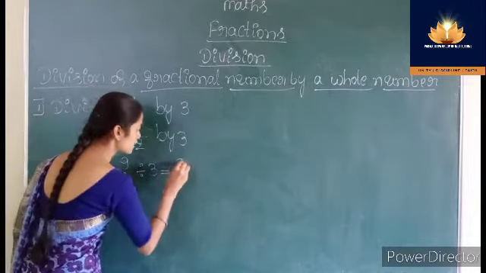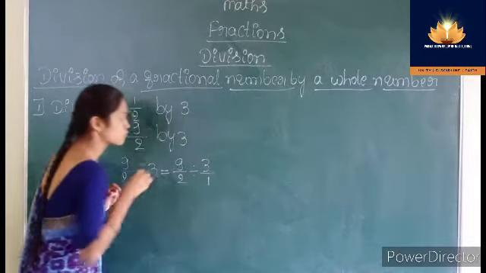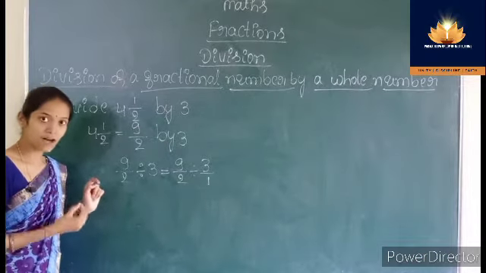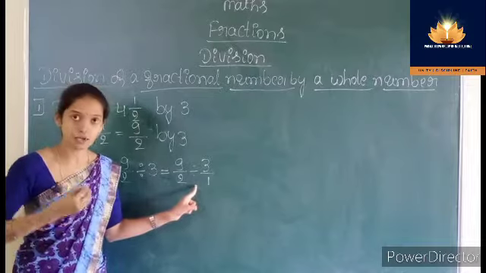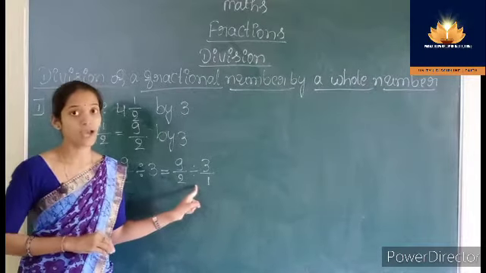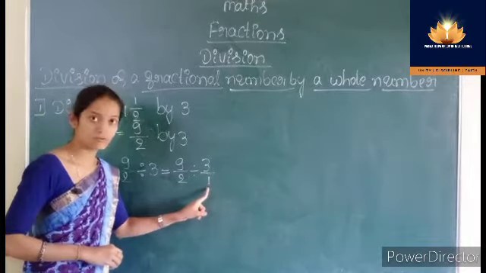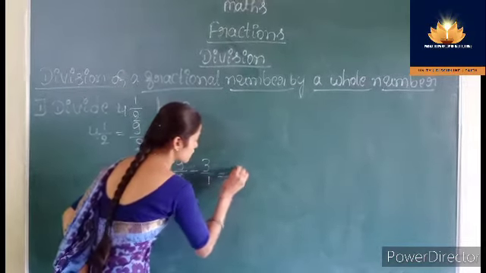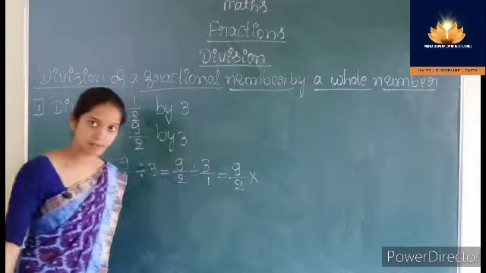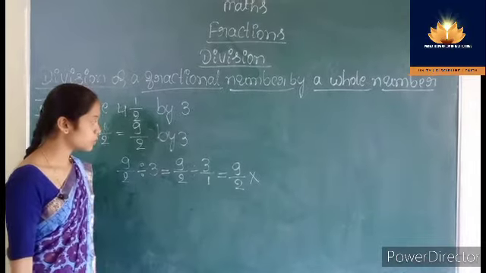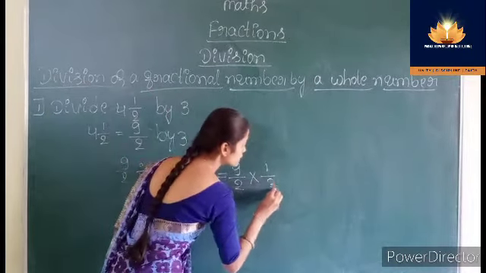3 can be written as 3 upon 1, so 9 upon 2 divided by 3 upon 1. To divide, first we have to change the division symbol into a multiplication symbol, then write the reciprocal of 3 upon 1, that is 9 upon 2 multiplication symbol, then the reciprocal of 3 upon 1, that is 1 upon 3.